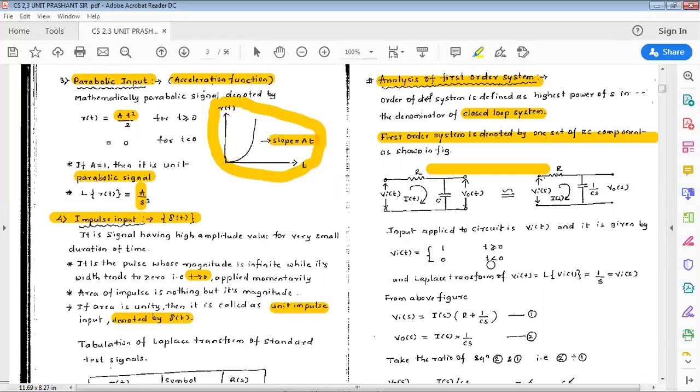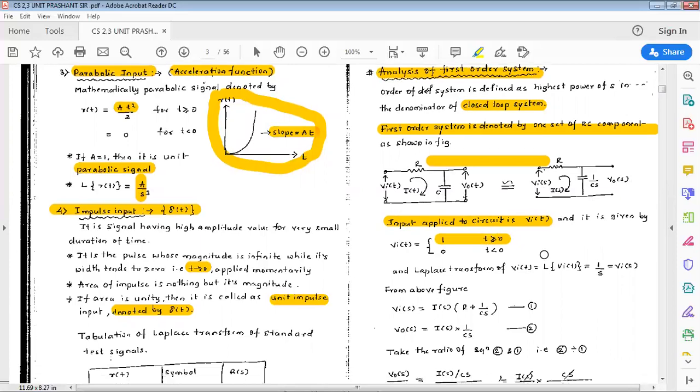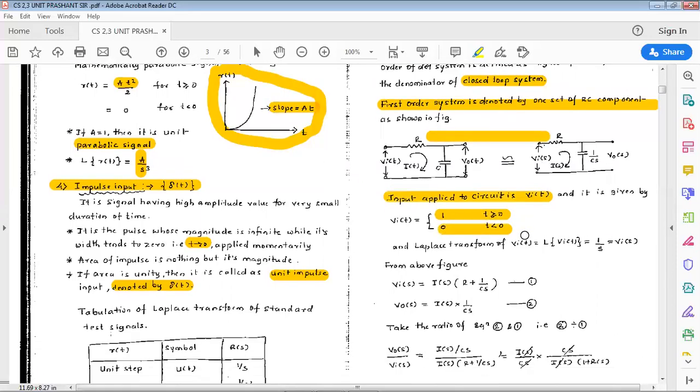Now look into it: the input applied to the circuit is Vi of t, given as Vi of t equal to 1 for t greater than or equal to 0, and 0 for t less than 0. Now we find the Laplace transform of Vi of t, which is 1 by s.